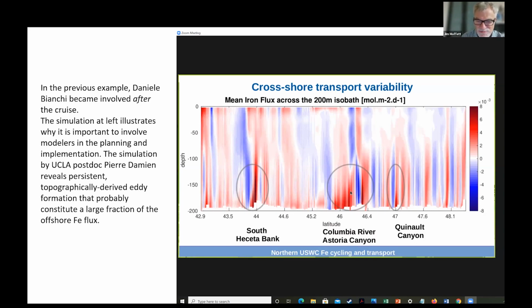And these are not random features. These are mean fluxes over an entire yearly cycle, and they are set by specific features in the seafloor topography.